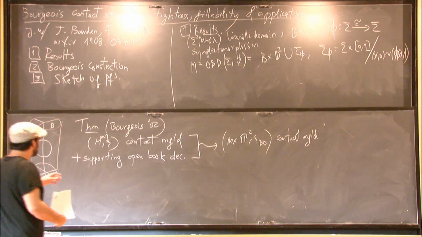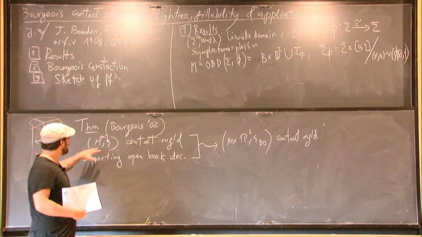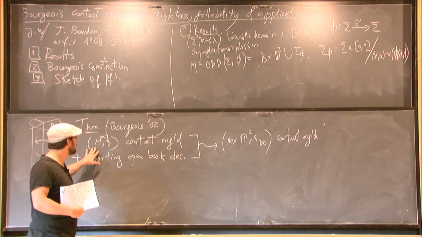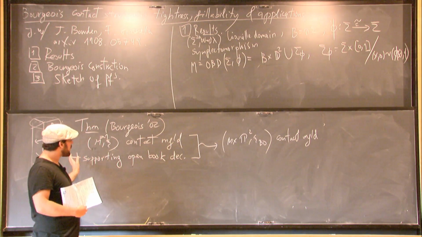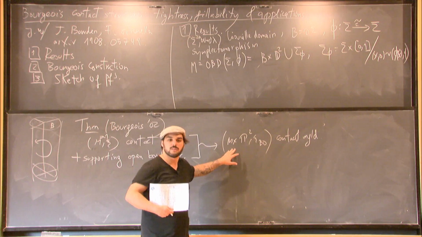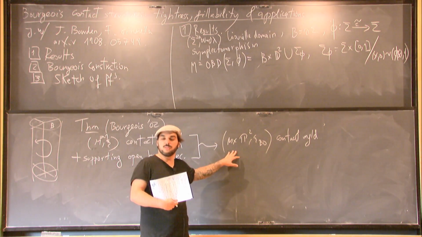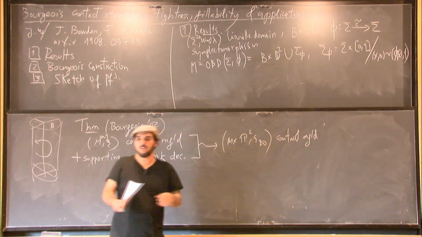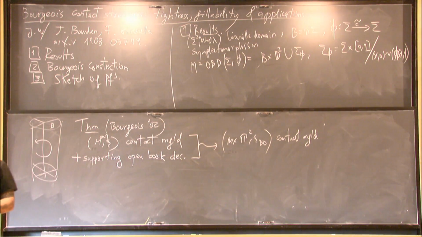So in particular, for example, if you start with the torus T3, which has some natural contact structure, you do this construction and you get contact structures on every odd-dimensional torus, which at the time was unknown ever since work of Lutz in the 70s. So this was actually important at the time.